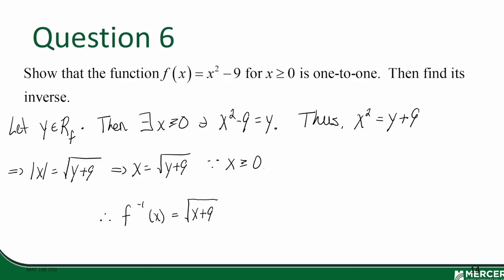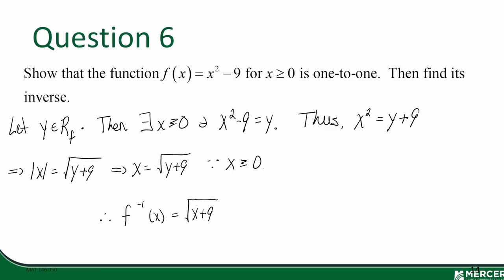Take a number larger than 0 and subtract 9 from it. Isn't it larger than negative 9? Mm-hmm. That's everything greater than or equal to negative 9. That's the range. Even if x wasn't greater than or equal to 0, it would still be everything greater than or equal to negative 9.